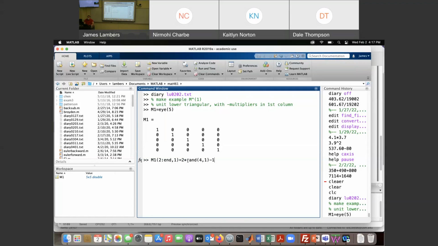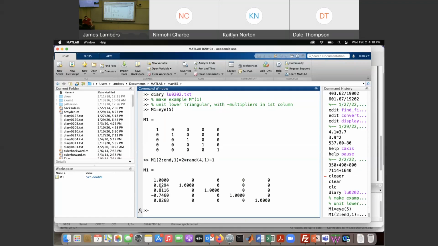So now we're distributed between -1 and 1. The rest of this column below the diagonal has 4 entries, so that's why I want a column vector of length 4. So now I have an example of what M1 could look like. These happen to be the multipliers that are used to eliminate subdiagonal entries in column 1.